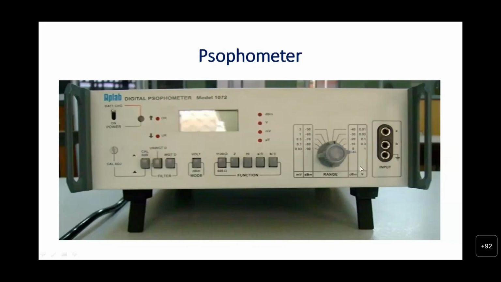Different dBm levels are to be selected, from 0 to minus 90 dBm. Here both the testing limbs A and B are to be connected and earth to be given, and the level will be displayed. It should be less than 2 millivolts at any given dBm.